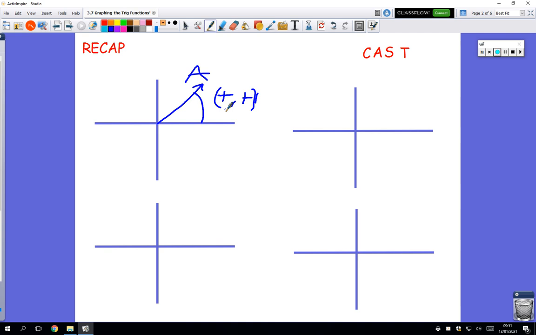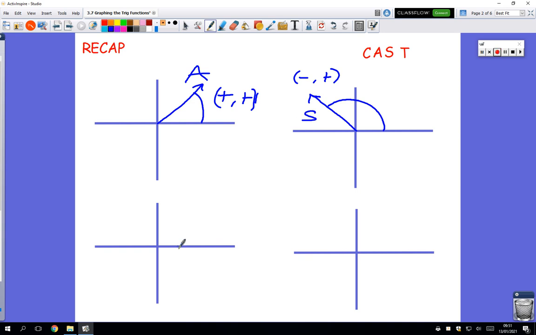So y over r will be positive. So all of them. If I sweep into the second quadrant, well, any point in here, the x coordinate is going to be negative, the y coordinate is going to be positive. And based on my definitions for sine, cosine and tan, y over r would be positive, x over r would be negative, y over x would be negative, so only sine is positive in there.